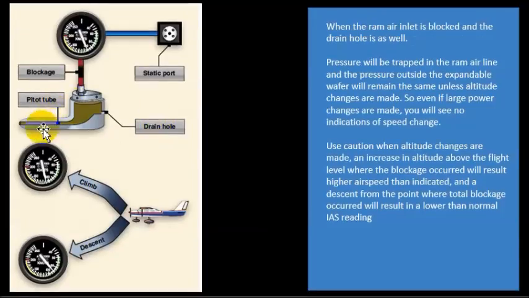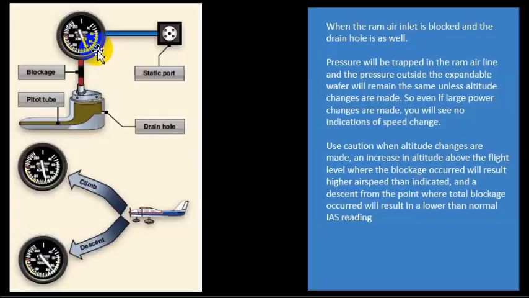If we block the Pitot tube and the drain hole, we're not getting any ram air pressure inside the instrument, as we talked about before. But we will still get the static pressure. Now, what will happen in this case is the airspeed indicator will react like an altimeter. From the point where you blocked up your drain hole and your ram air tube, if we increase the altitude from that point, it's going to act like an altimeter.